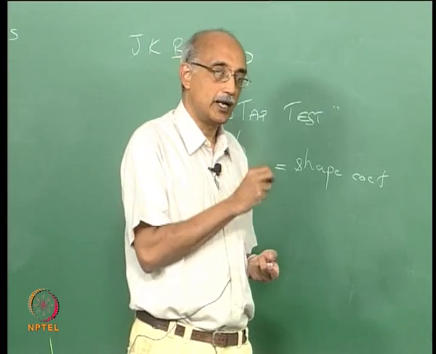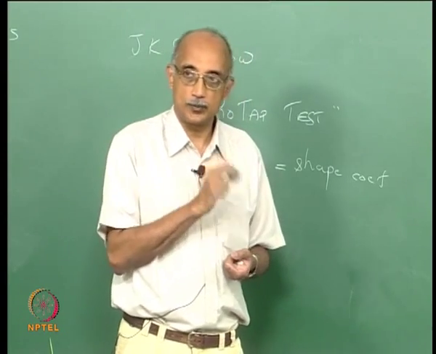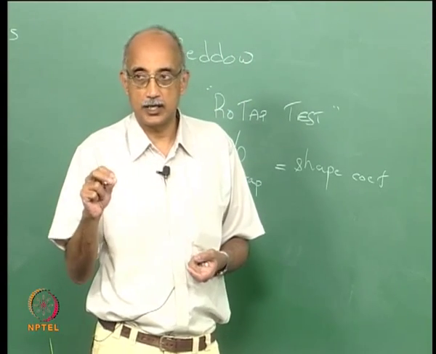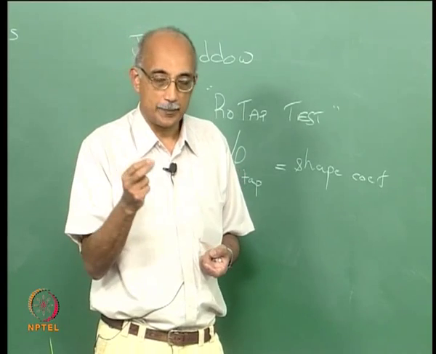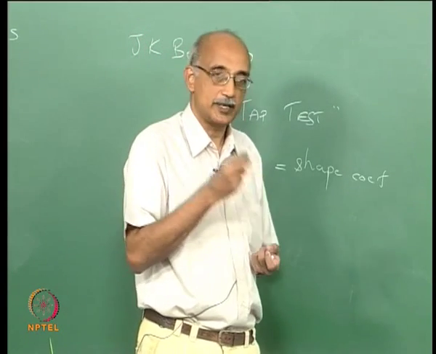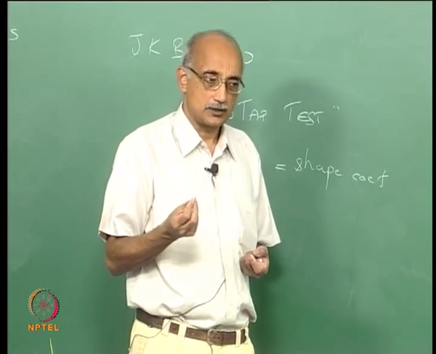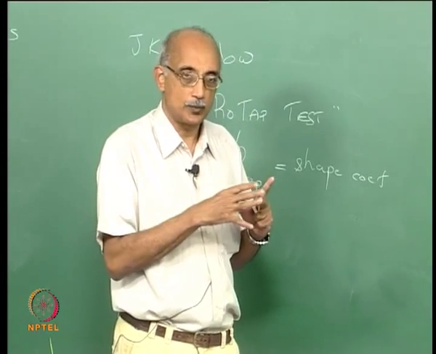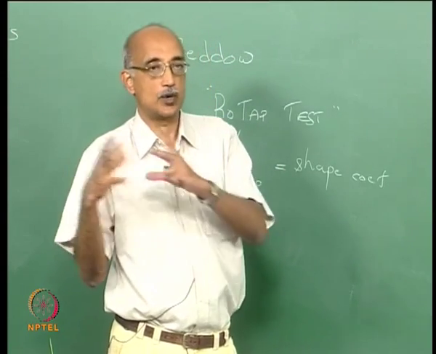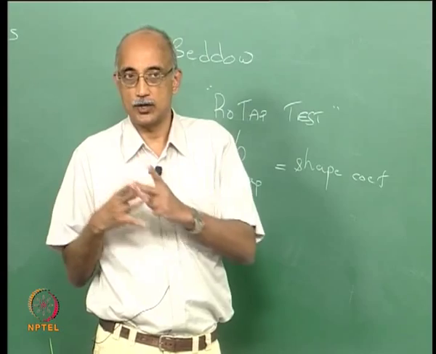Then you can compare the Fourier spectra for your particle against the ones that are in the library, and by doing this comparison you can see where the best fit is and represent the shape of your particle by the corresponding best fit shape in your library.